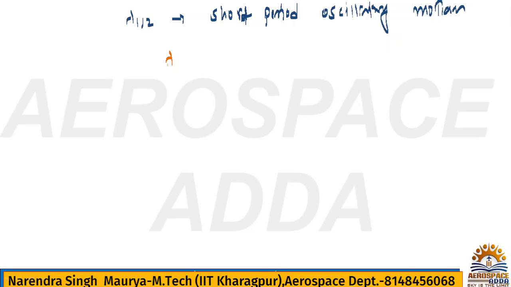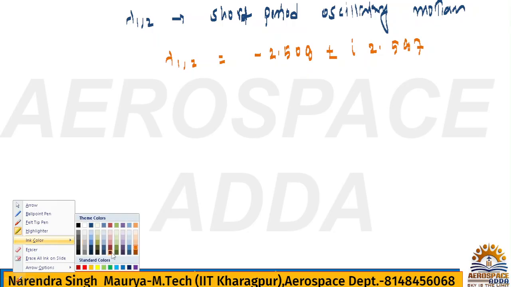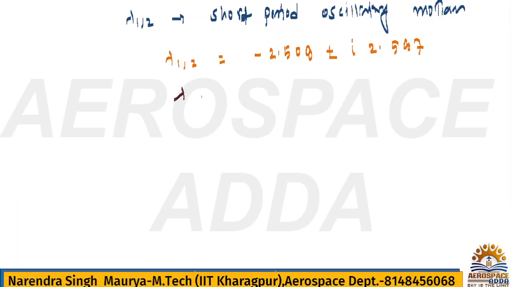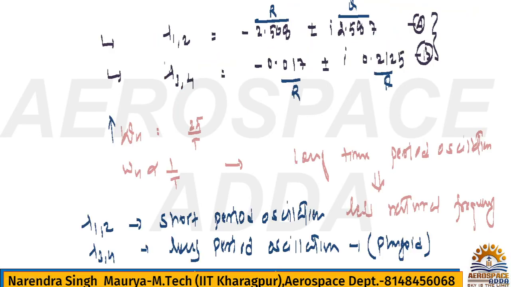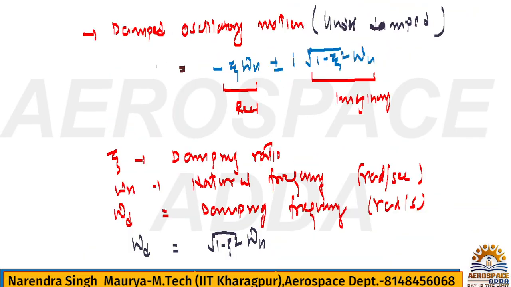If you check here, lambda 1,2 is minus 2.508 plus minus j 2.587, the imaginary value. With our standard equation we have to compare these roots.